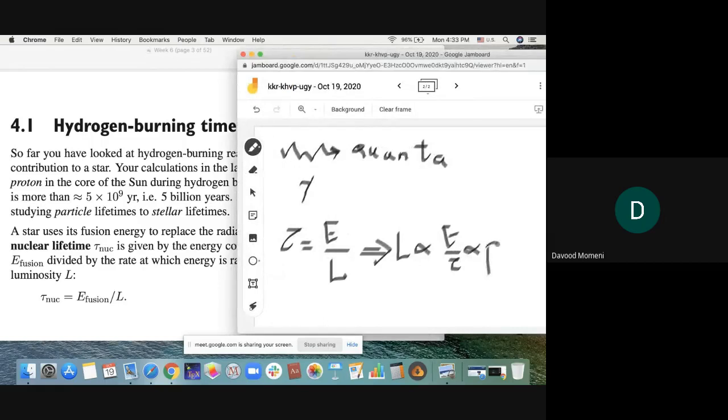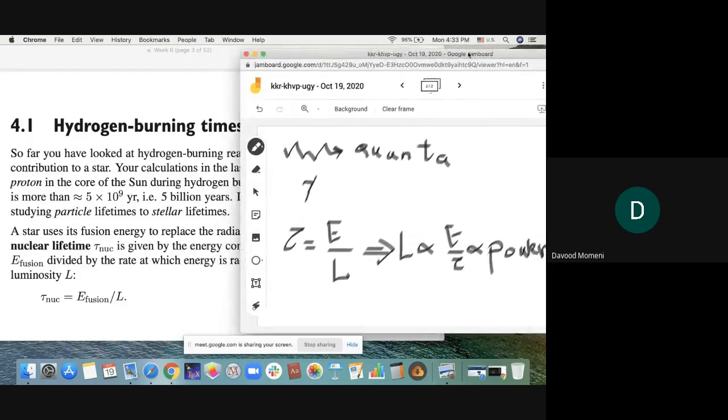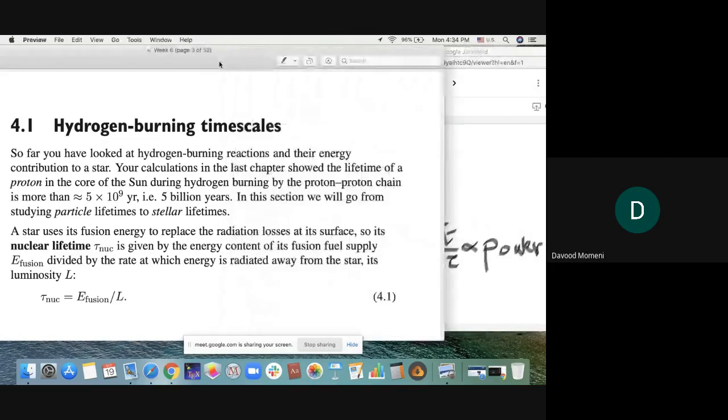So you can remember that the luminosity looks like a power, the normal power of any mechanical system. So if you know the energy of the fusion, you can calculate the lifetime by dividing the energy by the luminosity.